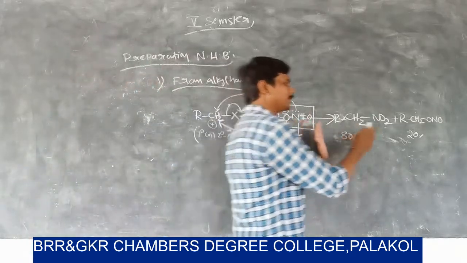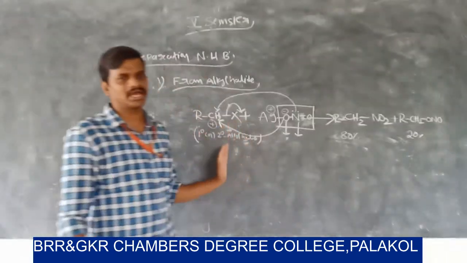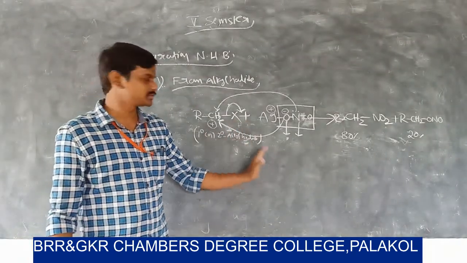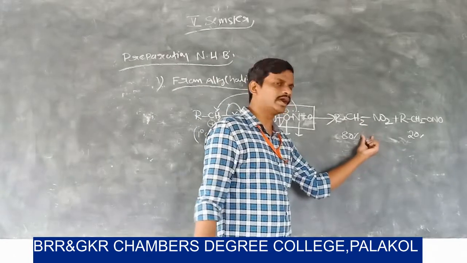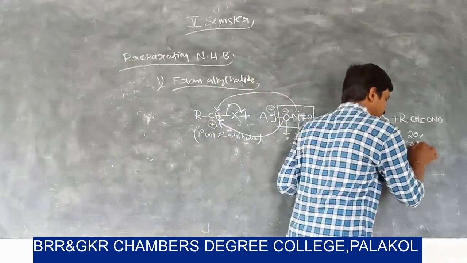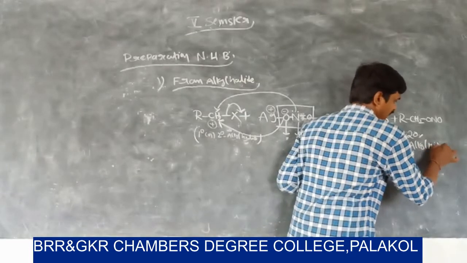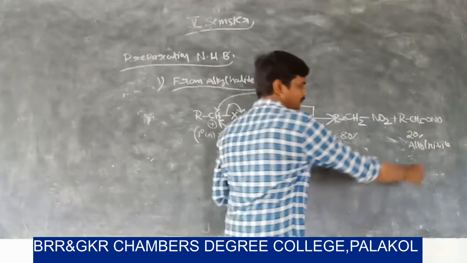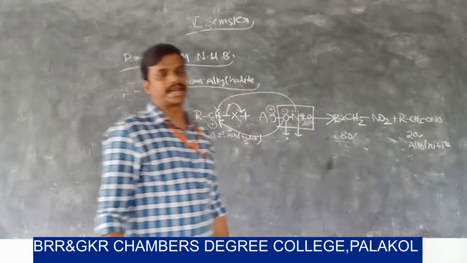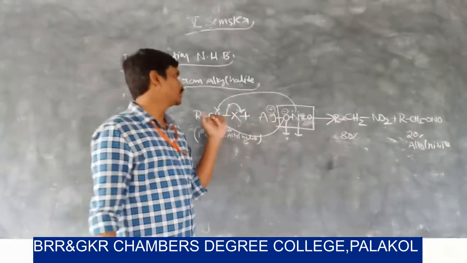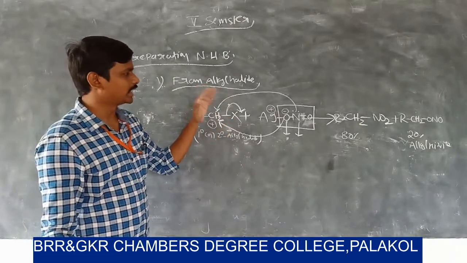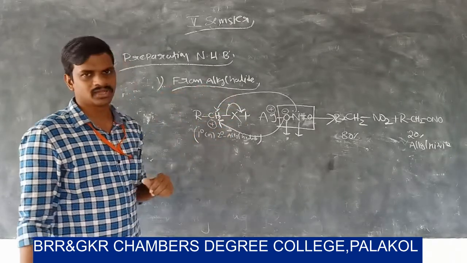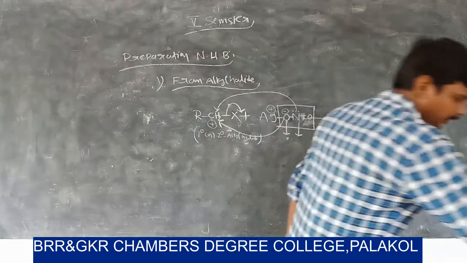Whether it is a primary or secondary alkyl halide, we get a mixture of products: one is a nitrohydrocarbon and the second one is alkyl nitrite. So this is about the preparation of nitrohydrocarbons from alkyl halides.